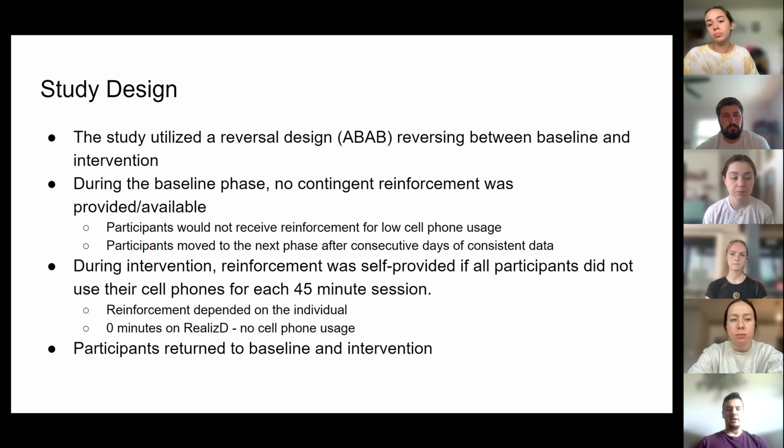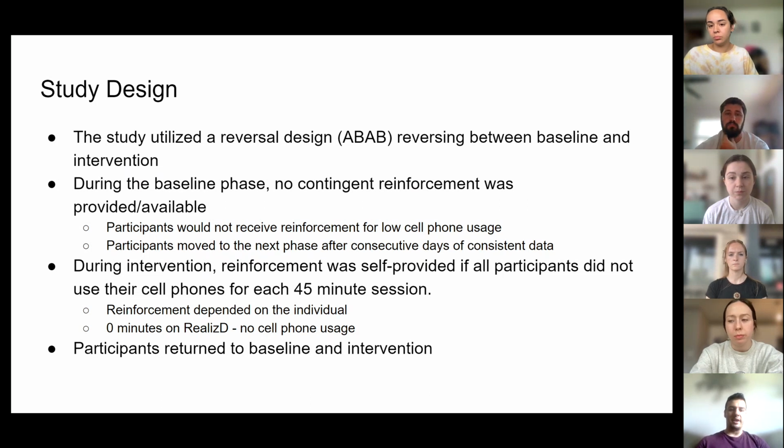Participants moved to the next phase after consecutive days of consistent data. So our participants really looked for consistency within that data before moving on to the next phase. During this phase, participants would not receive any reinforcement for low cell phone usage, and would also not be penalized for any high cell phone usage.